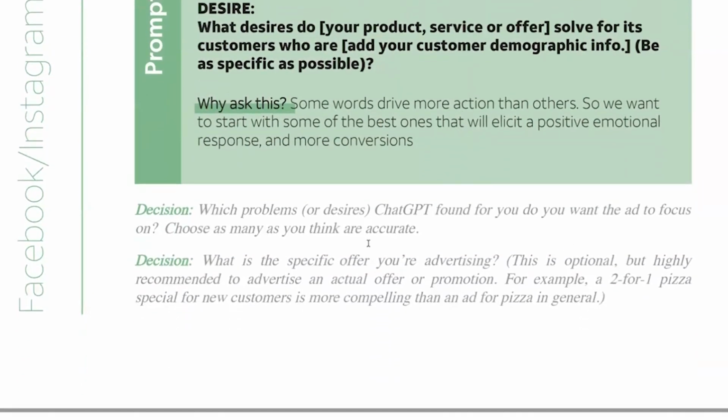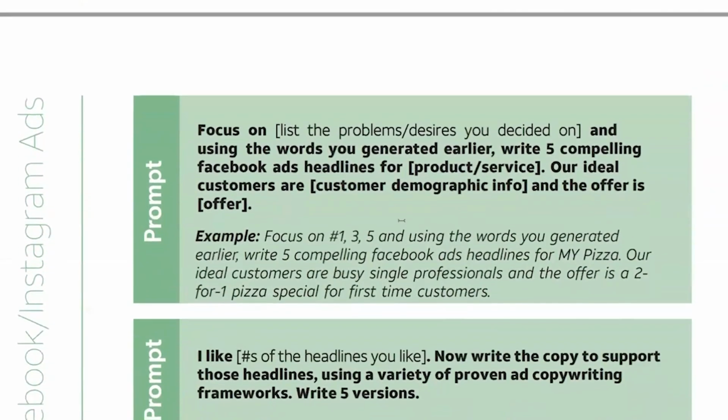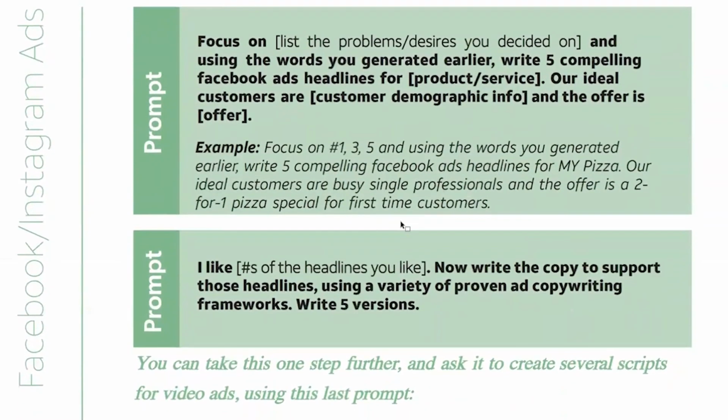There's some other commentary down here you can read about the difference between them. This is another one: focus on whatever problem there might be in this particular case. And using the words you generated earlier, write 5 compelling Facebook ad headlines for this particular product or service.